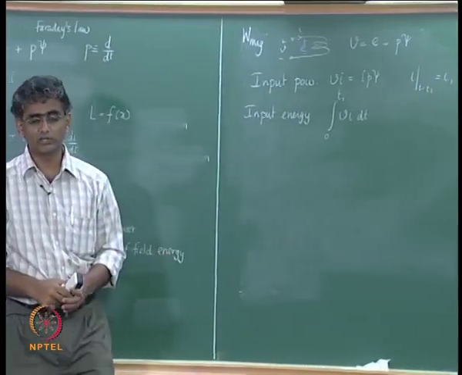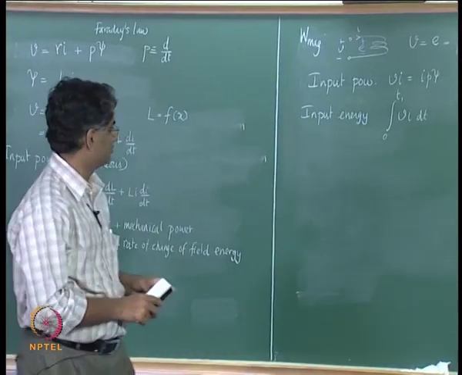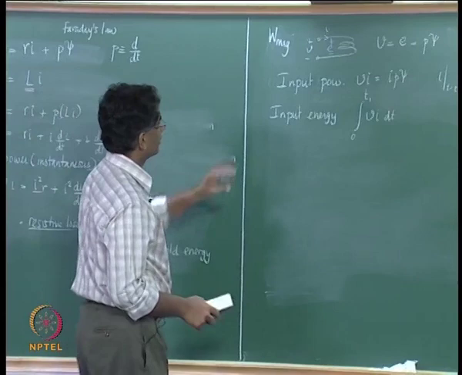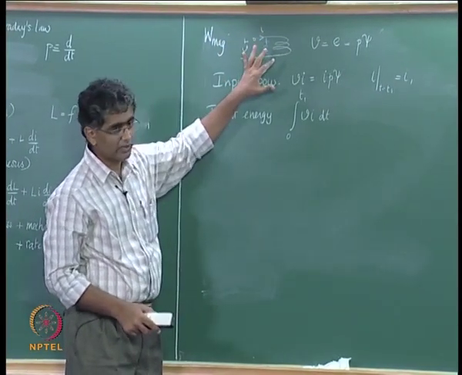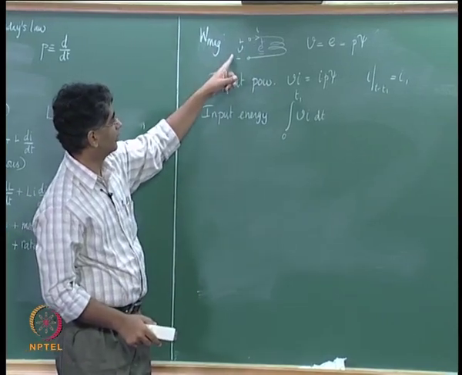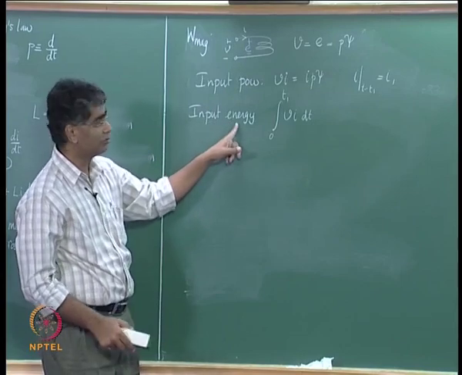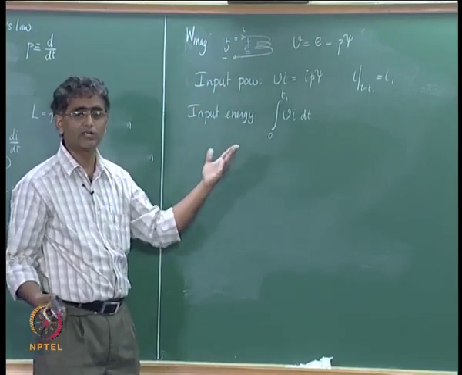Now, that is the situation at which you want to evaluate the field energy. If you look at this system, this is just one loop of wire. We have already said there is no resistance in this. That means the energy that is input into the system is not lost anywhere.